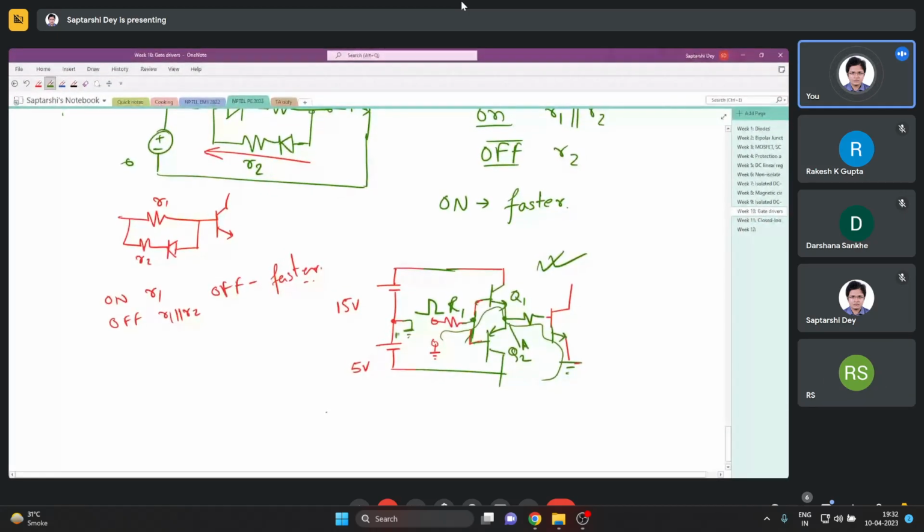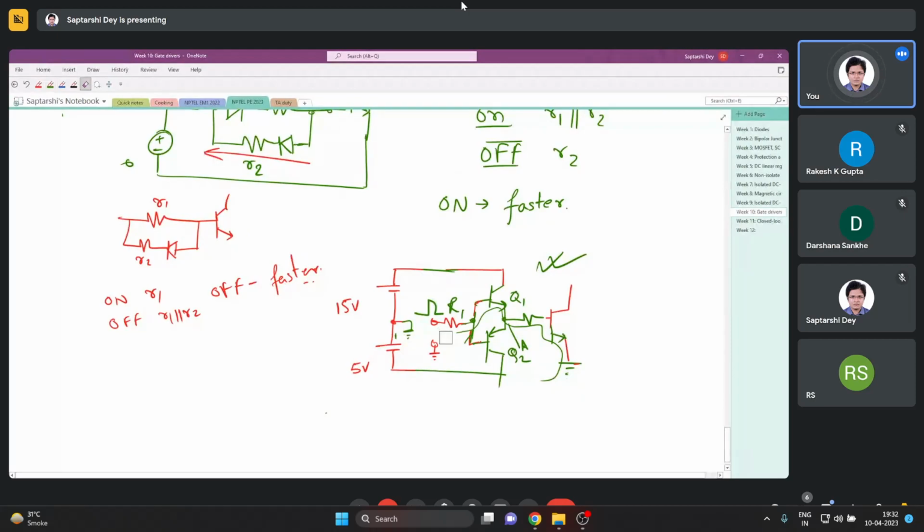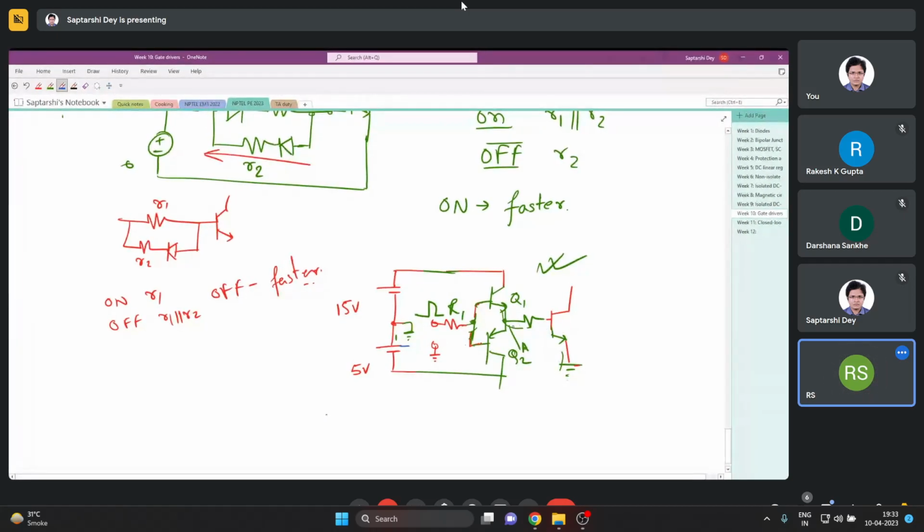If I have one like this, when I'm turning it off, it goes like this.